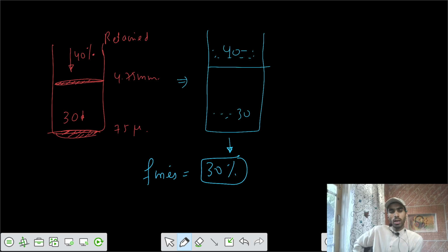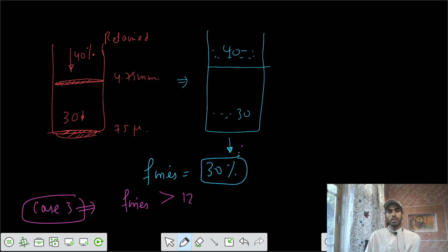If 40% of the total particles are retained on 4.75 and 30% are retained on 75 micron, you subtract the sum of the two from 100, and that total value would be percentage finer than 75 micron. So percentage fineness is 30%. Is that percentage fineness greater than 12%? Is that the case 3?